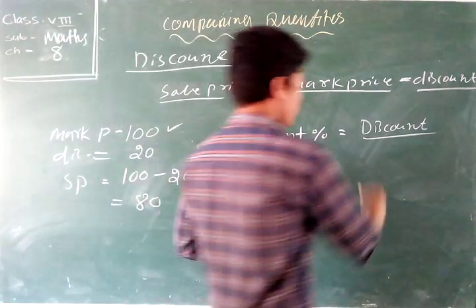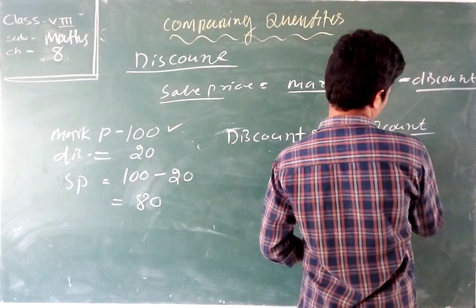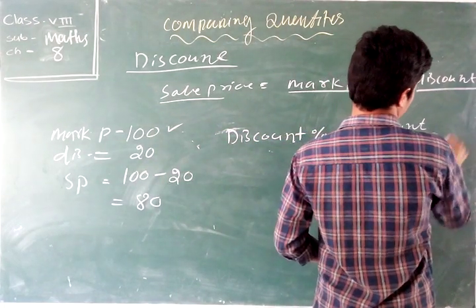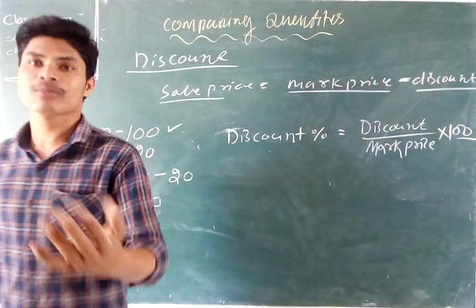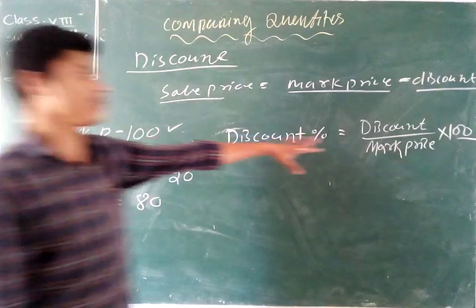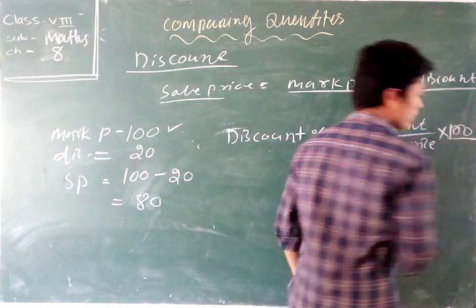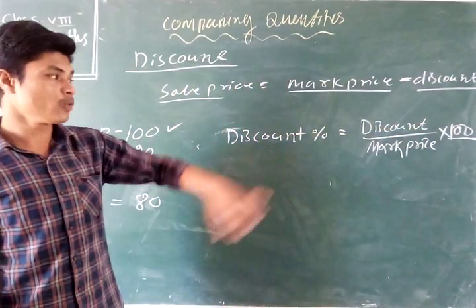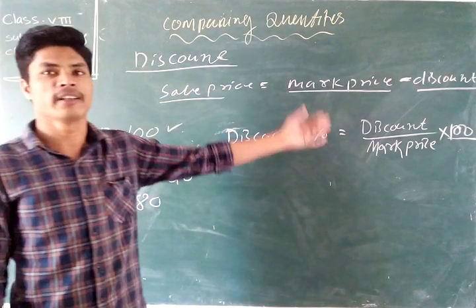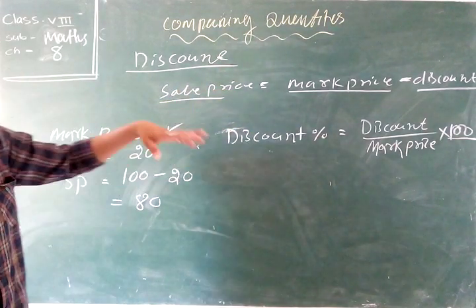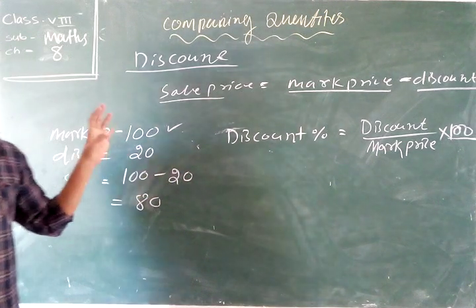Mark price. Because the discount is given out of 100, not less or more than 100. Percentage always means 1 by 100. Now we take an example of how to find the discount.